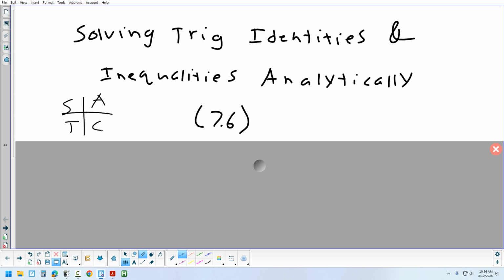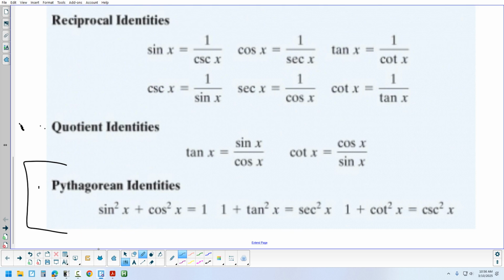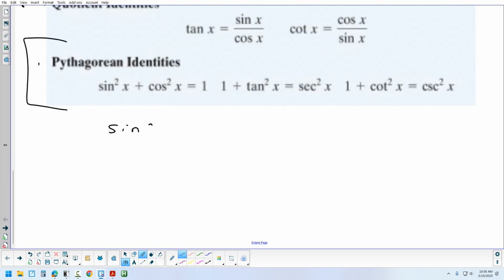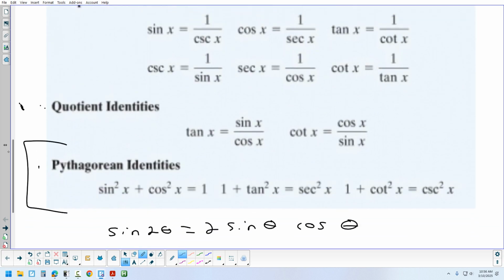A couple algebra concepts like factoring and quadratic formula, and we'll review that if we need to. And identities. So any of the identities that you see here, along with, I believe, the double angle identity. That's all different things we're going to pull from in this lesson.